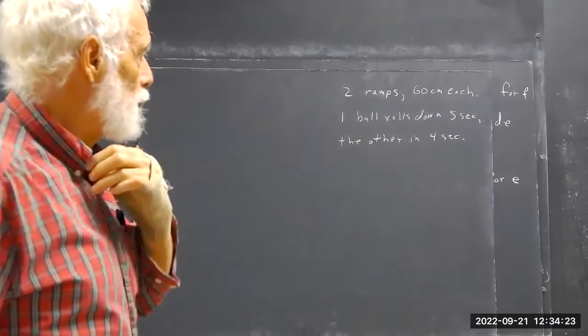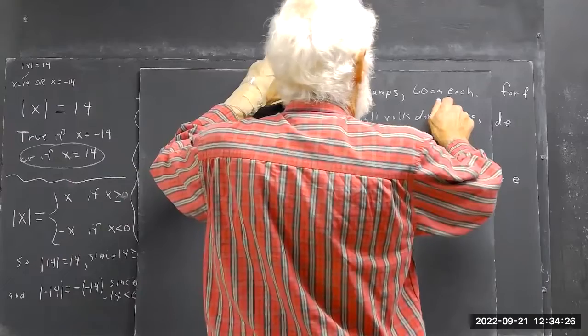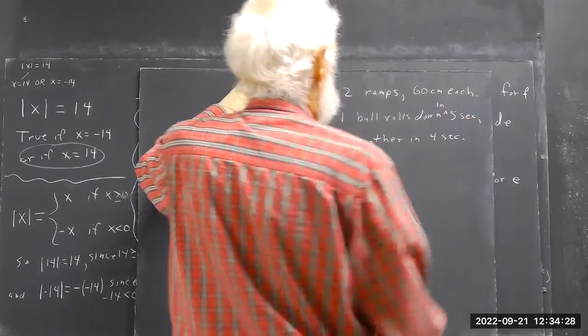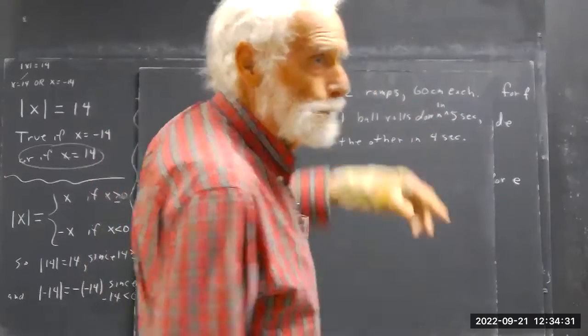One ball rolls down in 5 seconds. The other rolls down in 4 seconds. They each roll down a different ramp.